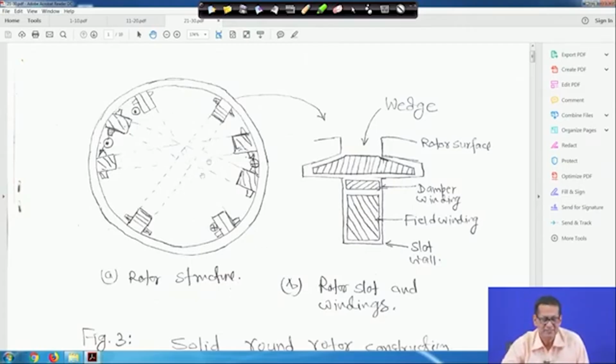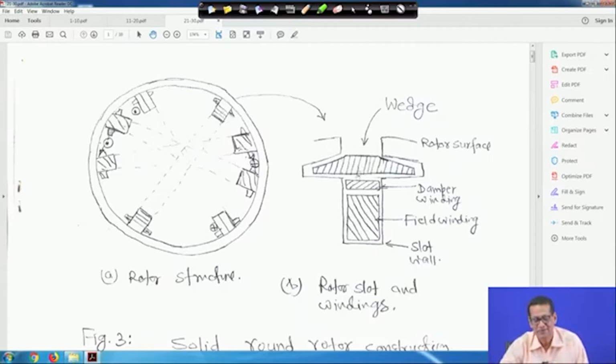So this is your schematic diagram, and this is rotor slot and windings. Everything is given here, but the drawing is not uniform because I have drawn it by hand. Nothing is marked here, but here there is one thing I have marked.